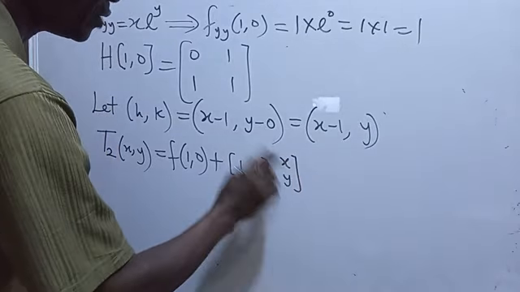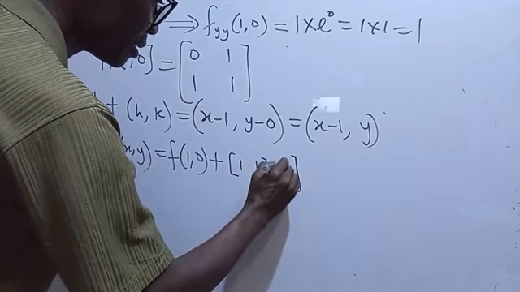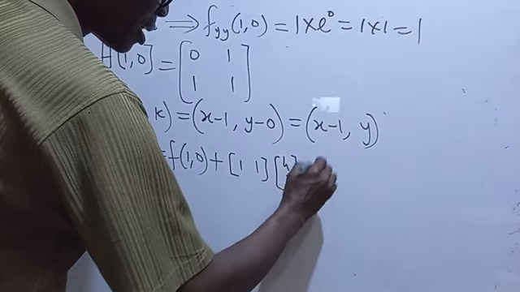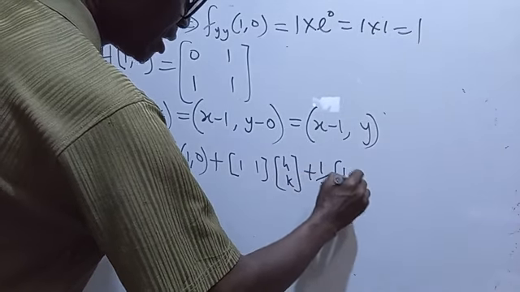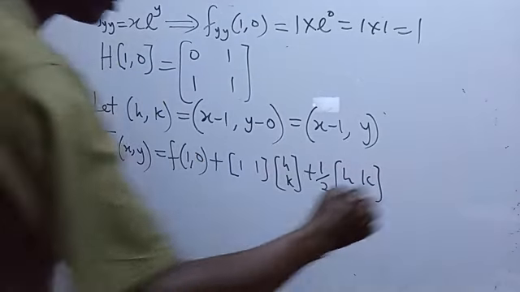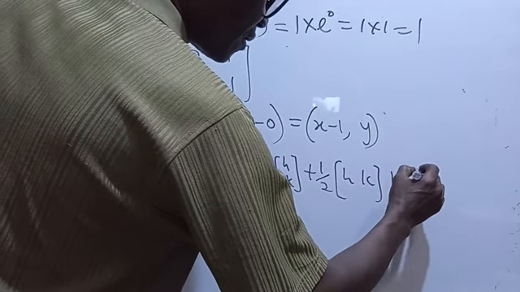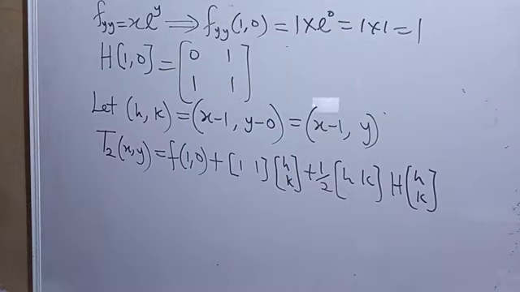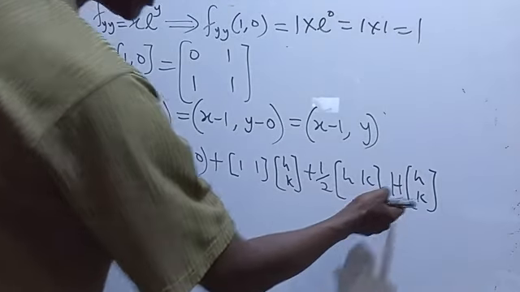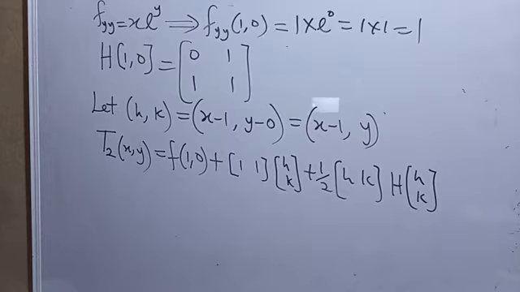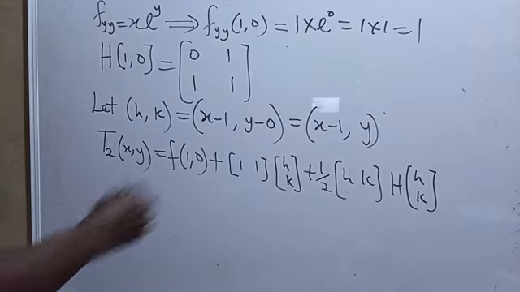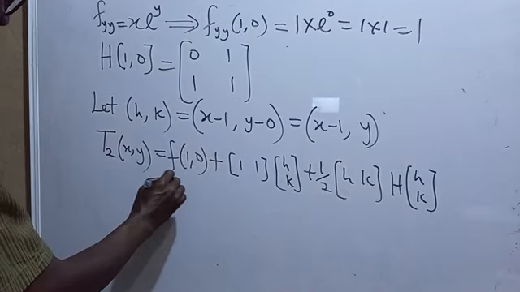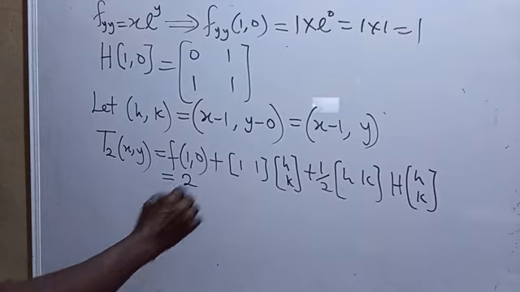But this time around now, everything will change to h, k. Then plus half h, k, H of h, k. Beautiful. I've shortened my Hessian as H. Alright, so let's fix it up. Our f of 1, 0, what did we get? I think we got 2. Then plus.